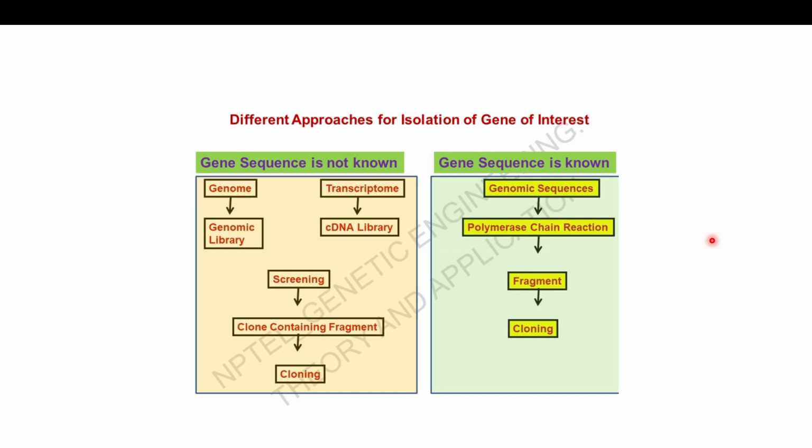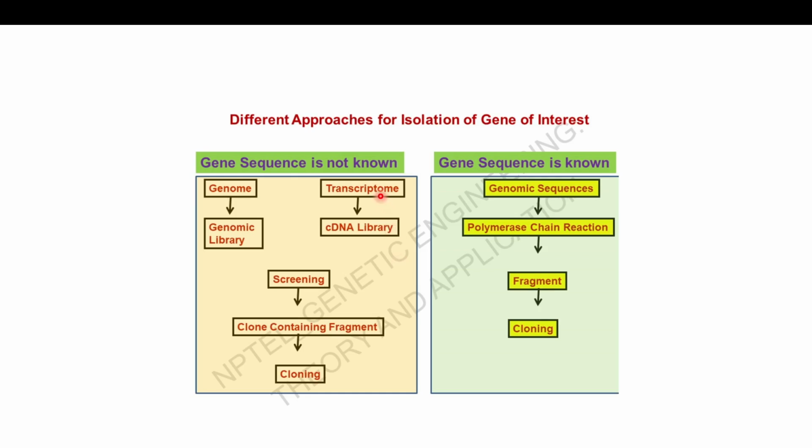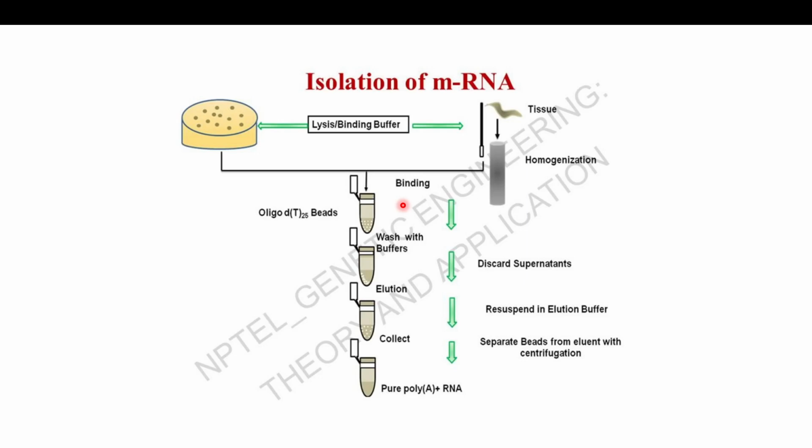Now we saw how we can prepare a genomic library. The other thing is, when we have the transcriptome, or the RNA transcripts, available to us, what to do with those transcripts when we don't really know what the gene sequence is. First, definitely, if you have the RNA, you have to isolate that particular RNA.